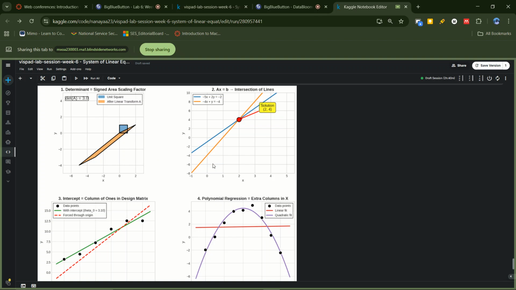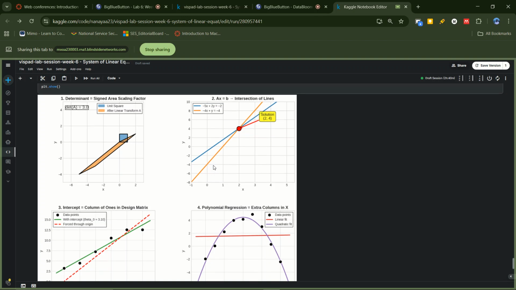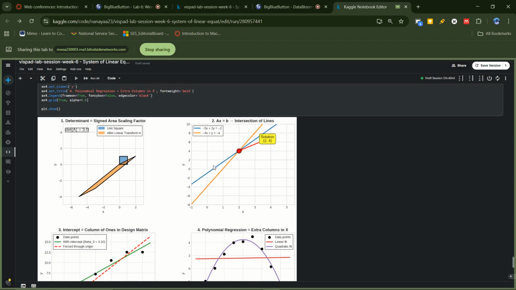Then we have panel B, which is the top right, solving some linear systems, Ax equal to b. Of course, we've already explained this. We said that these are two different lines. This is also another way to find your unknown.